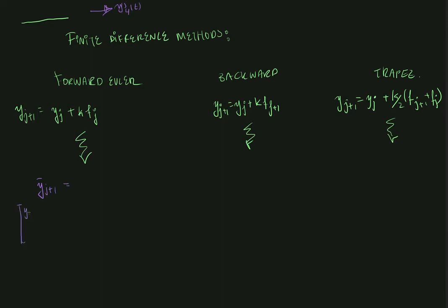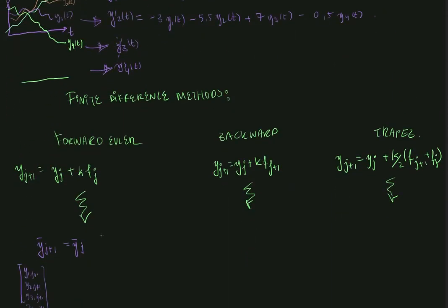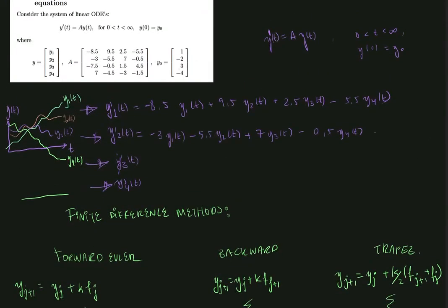Well, y1_{j+1}, y2_{j+1}, y3_{j+1}, y4_{j+1}. And that is equal to the vector y_j. And we start this off in y0 as given in the exercise. So our first value for j equals 0 is y0 given by this thing up here.